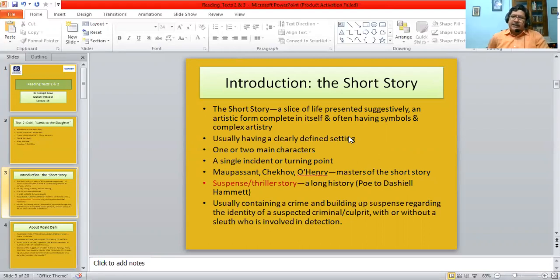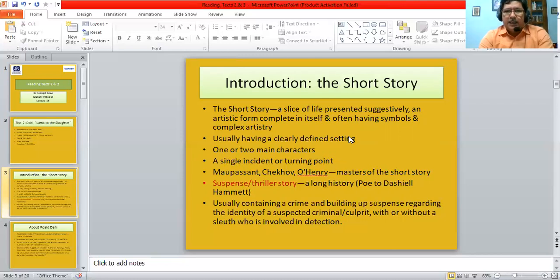It is certainly an exquisite piece of art, and it has even been suggested that it is a slice of life presented suggestively. It is, of course, an artistic form which is complete in itself and often has symbols and motifs woven into the story in a kind of complex artistry.